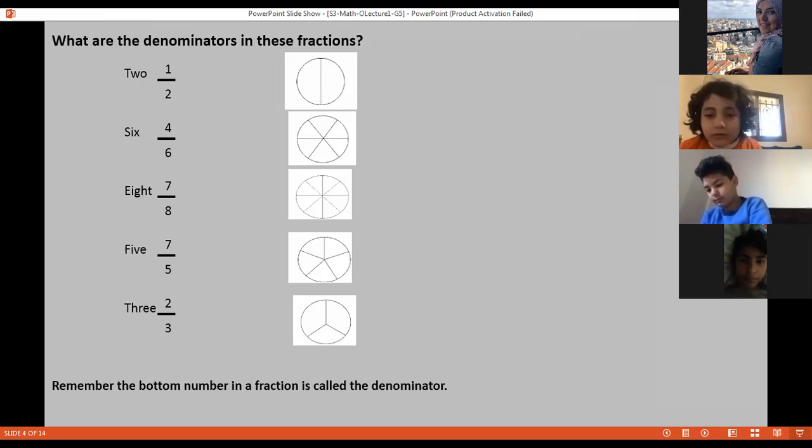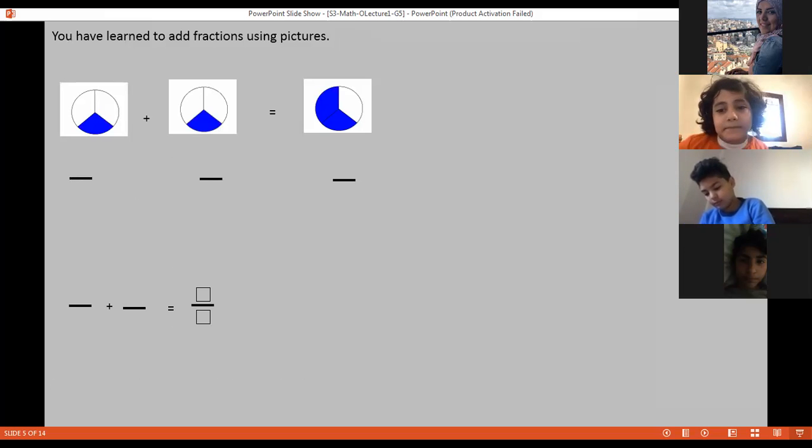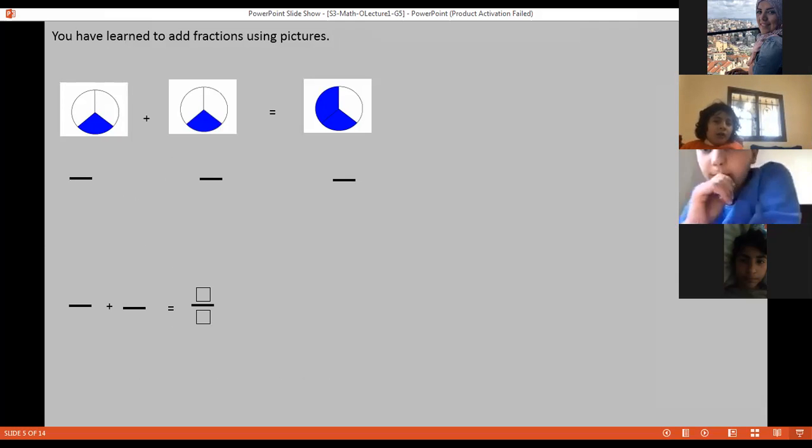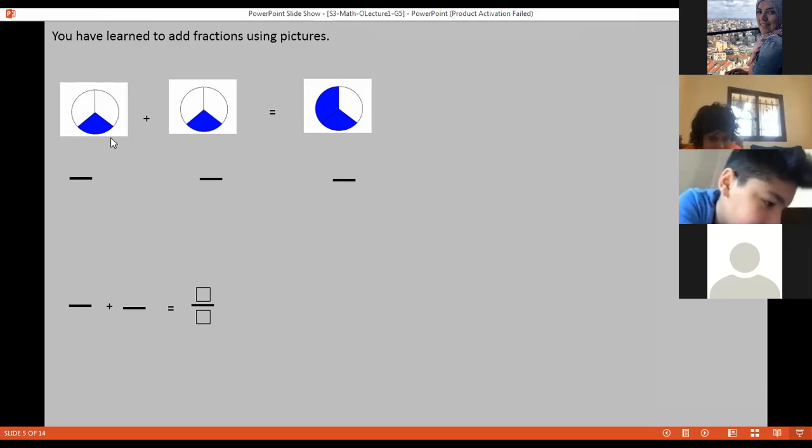Now, what if I want to add fractions using figures? Let us look at the first figure. How many colored parts do I have? One. One out of what? One out of 3. So the first fraction represents 1 out of 3. Do you agree?